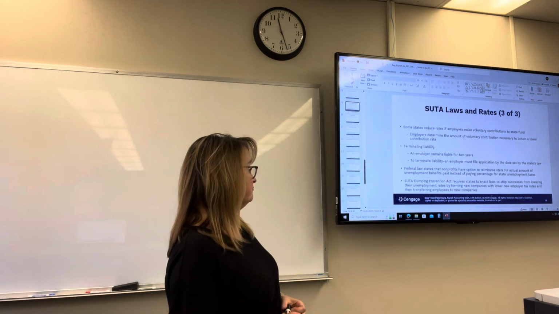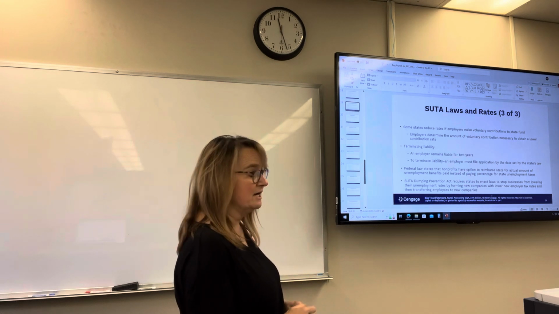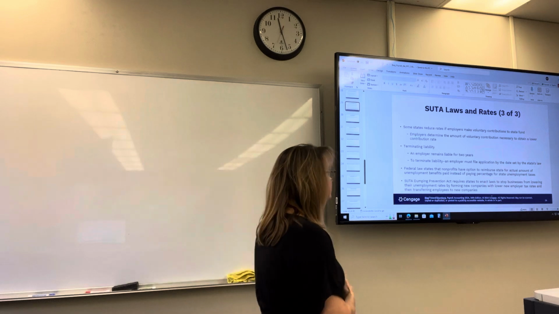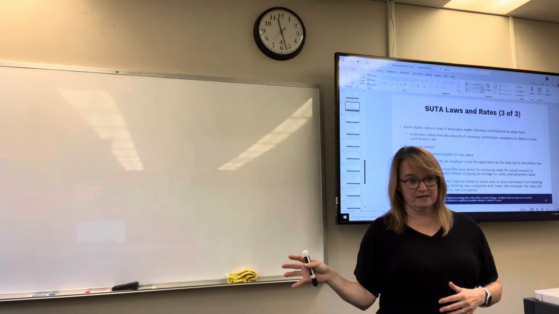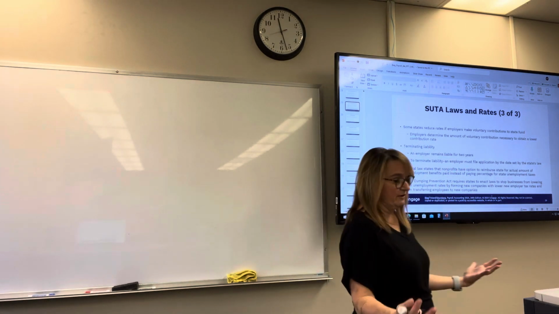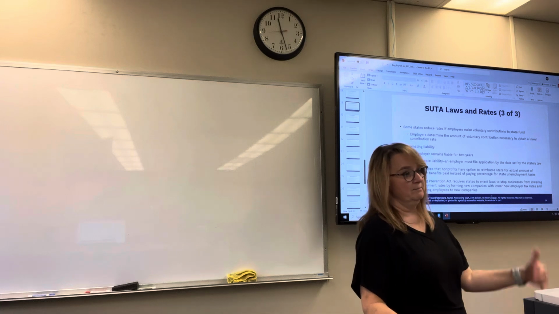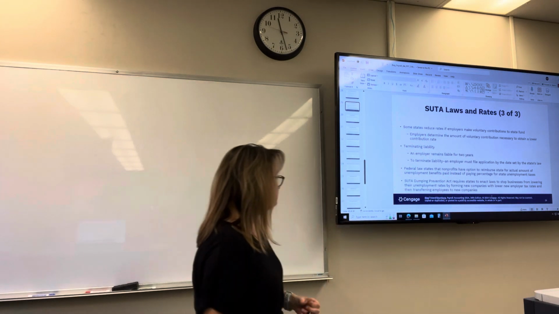There is an option for nonprofits to directly reimburse the state for the actual amount of unemployment benefits that have been paid out instead of making those SUTA payments, having it spread out. So instead, if somebody files a claim, they just directly pay the state for the benefits that are coming out.